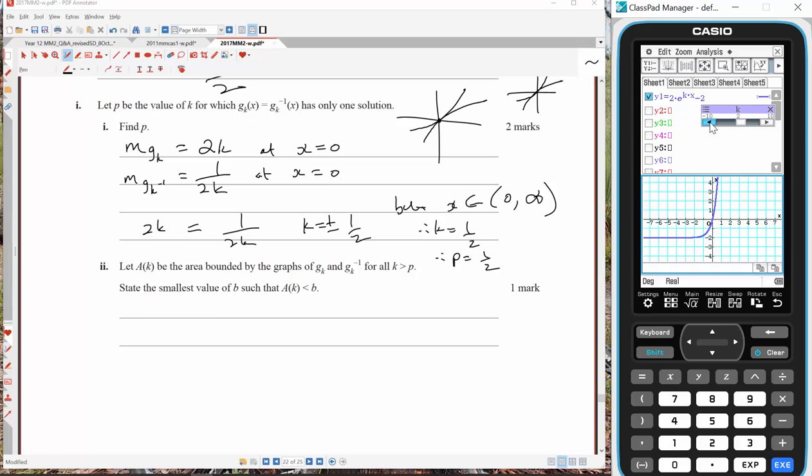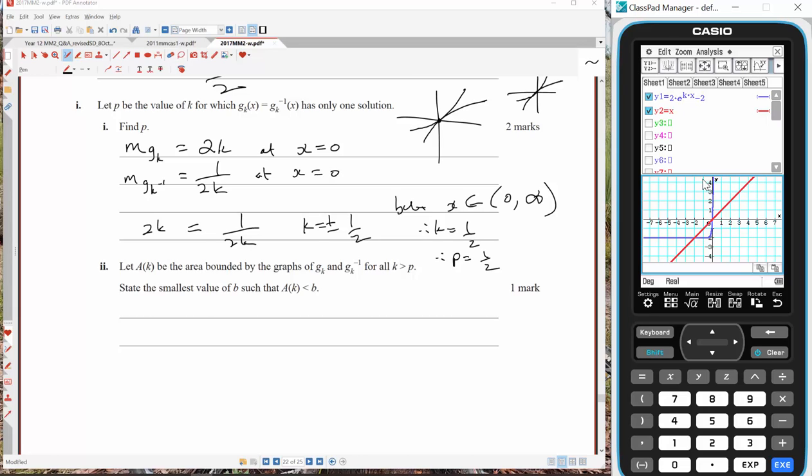This is probably where I got the idea for that question actually. So as k gets larger and larger from p, larger than a half, I'll just draw the y equals x function on there. You can see basically that it forms a square area 2 by 2.